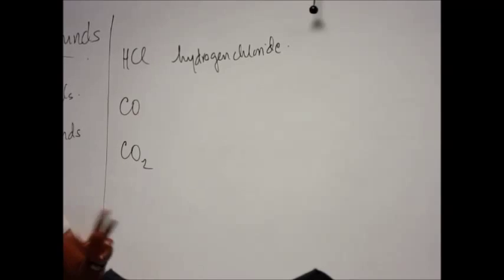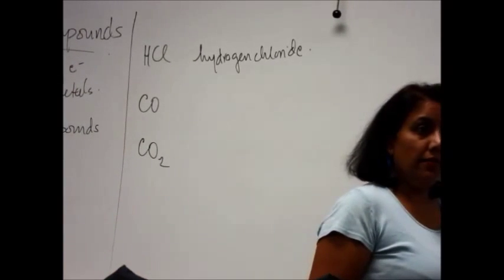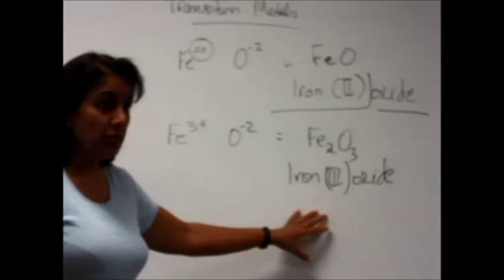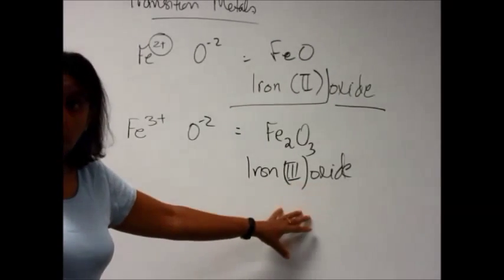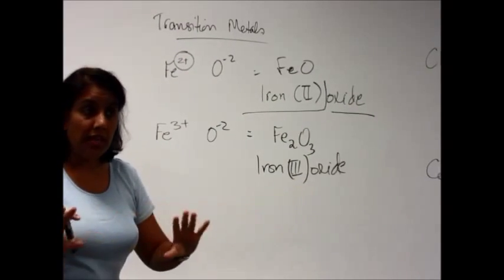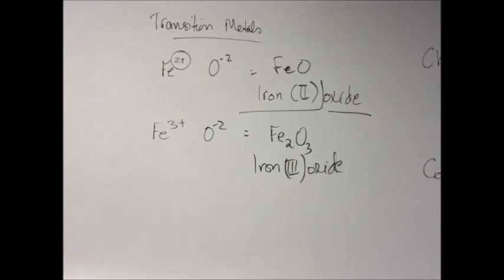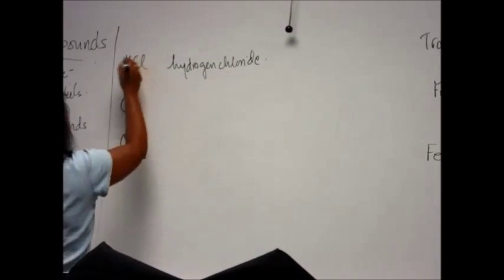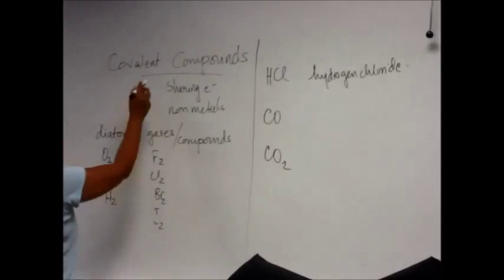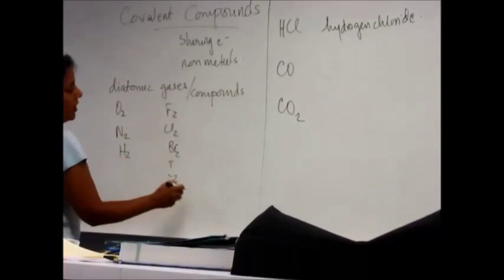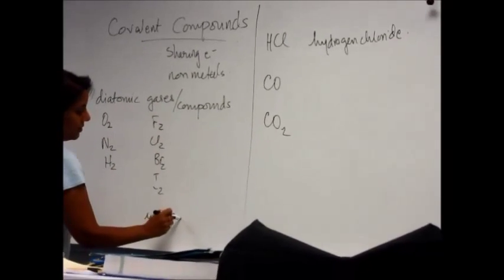We don't use the mono and the di in any of these ionic compounds. For those we had charges, we had the Roman numerals. We don't use di-tri. But for covalent compounds, you have to use prefixes. So over here, if you want to give yourself a little hint somewhere, write: use prefixes.